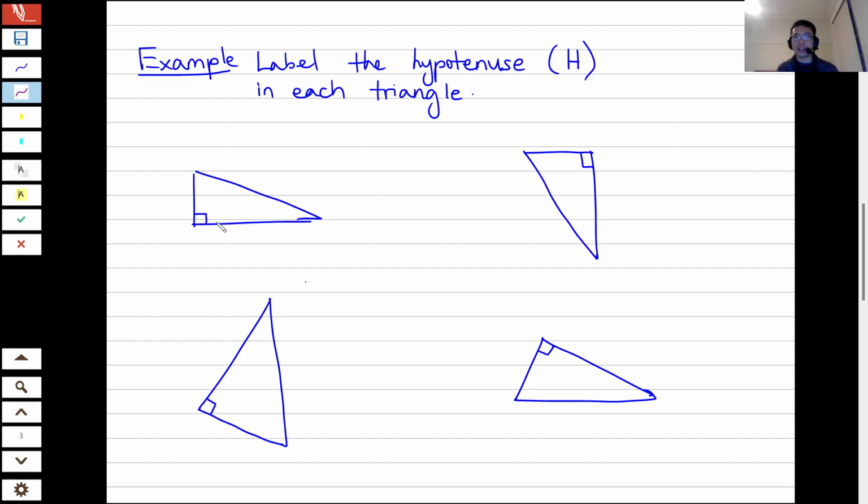So hopefully you've thought it through. Here are the answers. The hypotenuse faces outwards from the right angle. You don't actually need to draw the arrows. I'm just doing that to help you if you're seeing this for the first time. There you go.